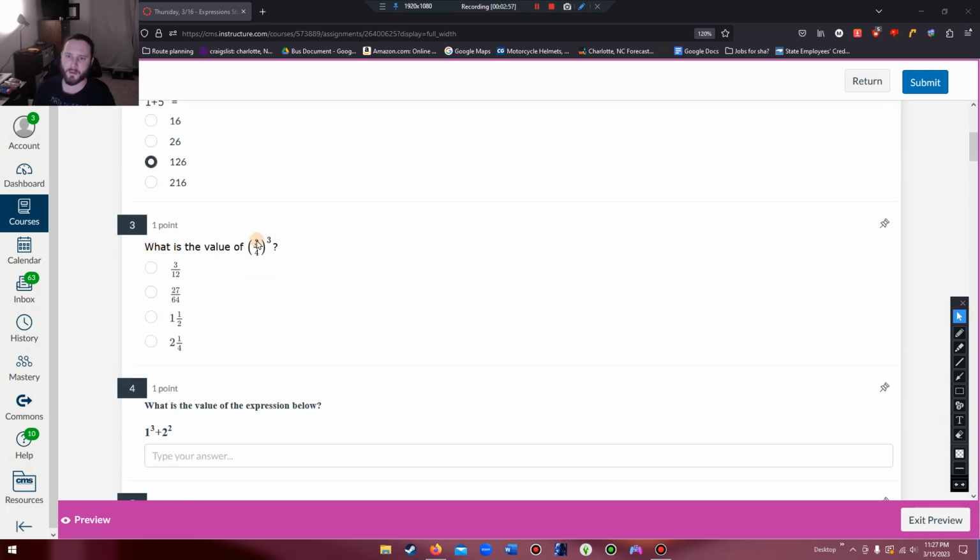For number 3, what is the value of 3/4 to the third power? Exponents don't change just because it's a fraction. This is just going to be 3/4 multiplied by itself 3 times. It might sound scary, but remember, multiplying fractions, there's no special rules. You just multiply straight across. There's no keep, change, flip. That's only for dividing fractions.